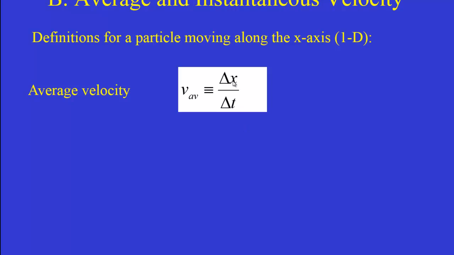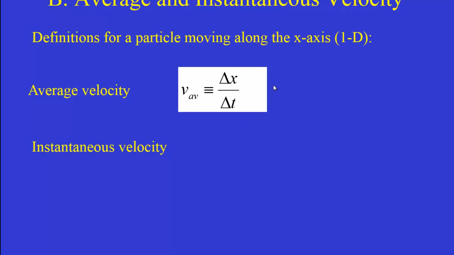So the change in x, which is its x-coordinate along the x-axis, divided by the change in t, gives us the average velocity. But we might want to know something more than just that. This would tell us, if we knew where the particle started and where it ended up at two different times, we could calculate this average velocity.